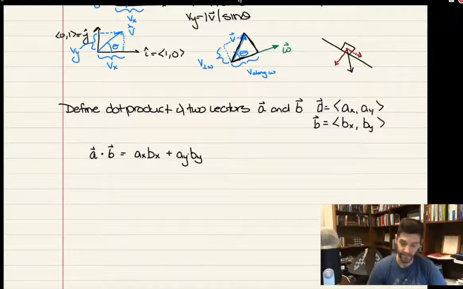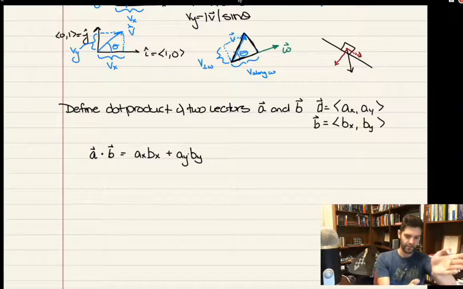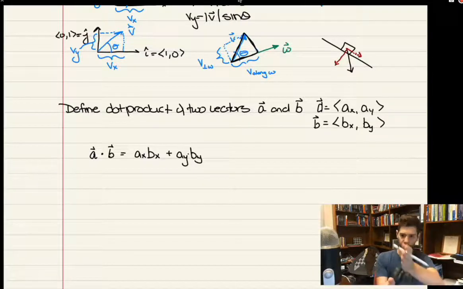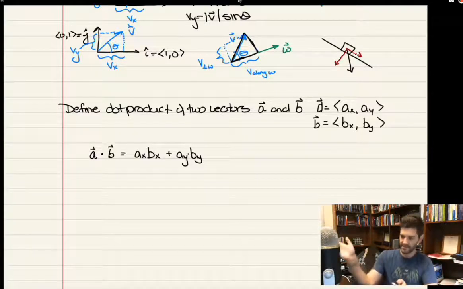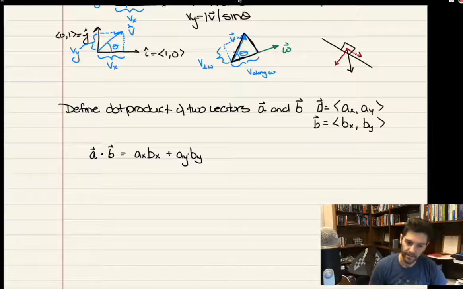If this was a 3-dimensional vector, there would then be a plus az bz. If this was a 4-dimensional vector, there might then be a plus aw bw or whatever. So essentially, you take all the first coordinates, multiply them, the second coordinates, multiply them, dot dot dot, and then you add them all up together.